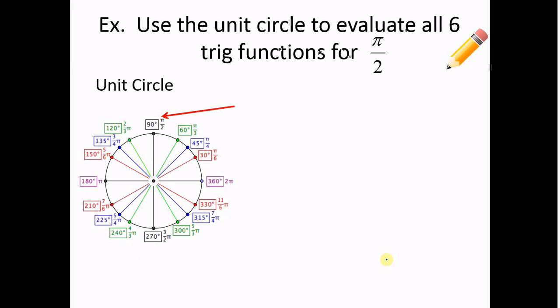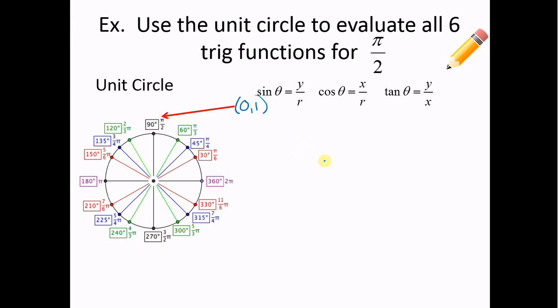What about pi over 2? Now, if you look at your diagram, your unit circle that we made together, pi over 2 is also 90 degrees. So, let's figure this out. At 90 degrees, what did we say that was? We said that was 0, 1, right?